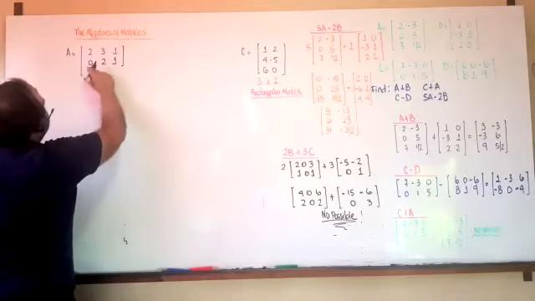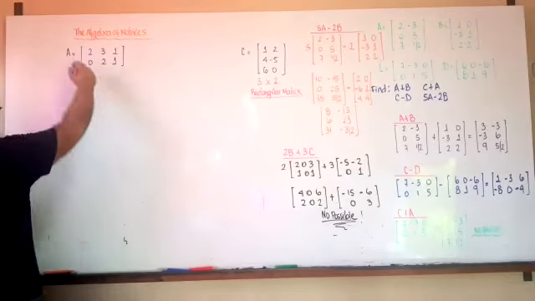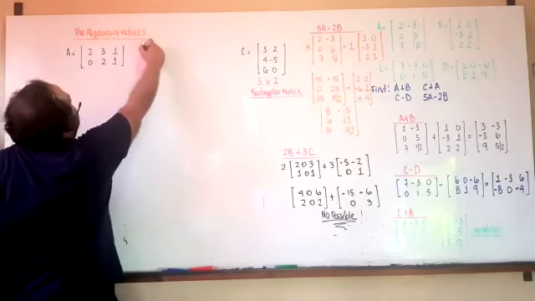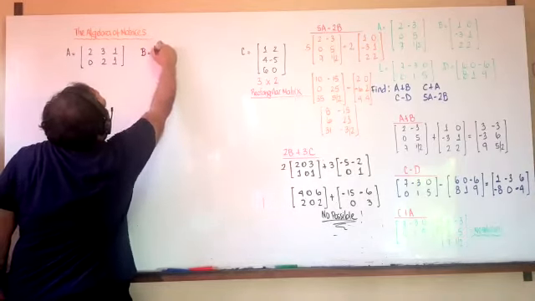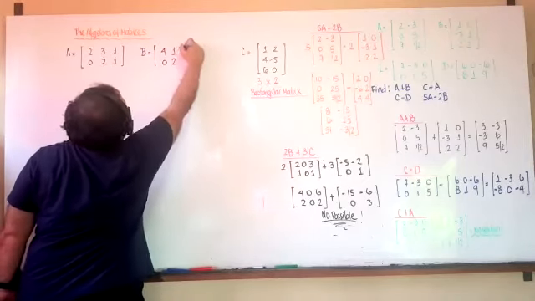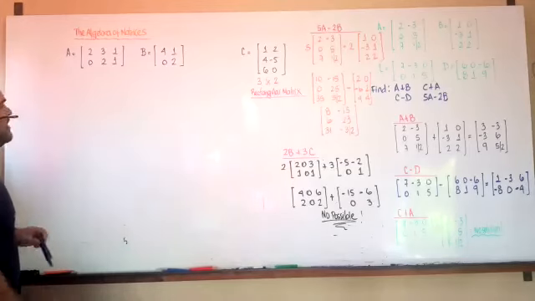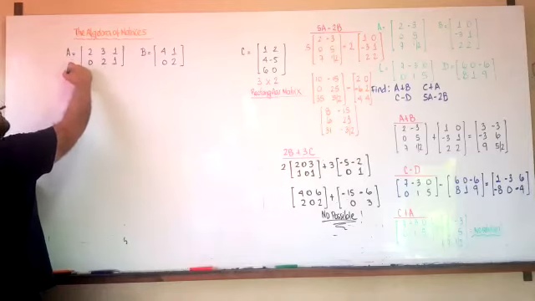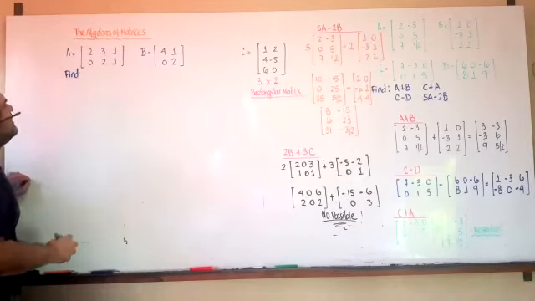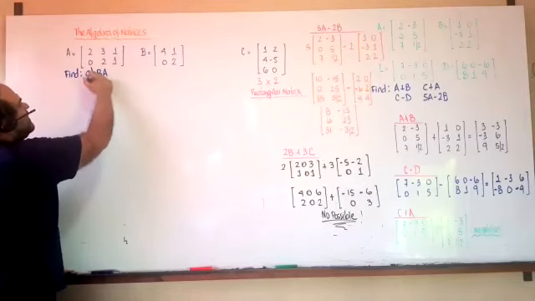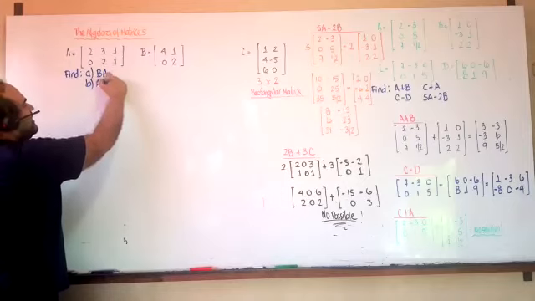This is going to be matrix A. Now the matrix B, we got 4, 1, 0, 2. All right. And the problem is asking to find letter A, B, and letter A, AB.